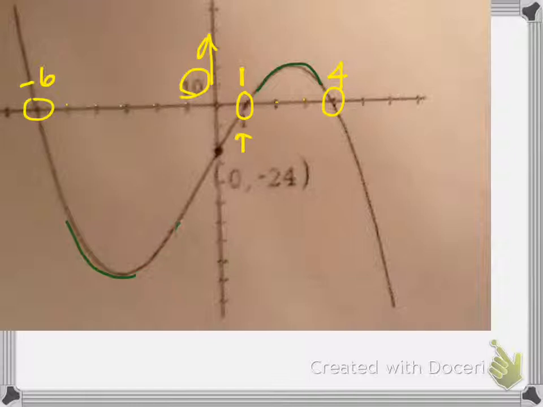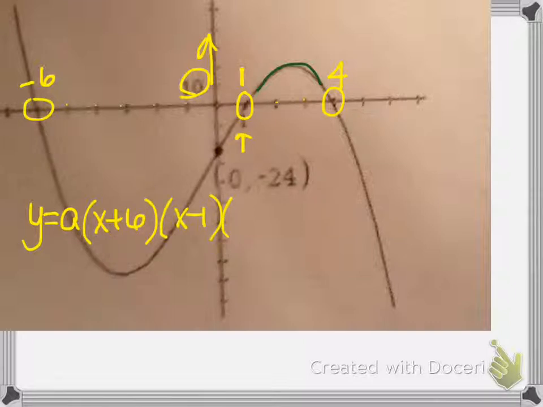So I'm going to come down here and start with my equation. I know I'm writing over the top of the graph. Obviously, you have room on your paper not to do that, but then I'd have to flip back and forth a bunch of times, and that just gets annoying. So y equals a times x plus 6, x minus 1, and x minus 4.